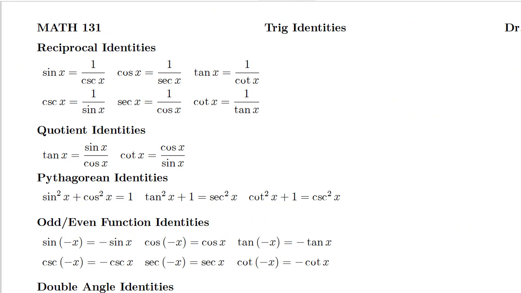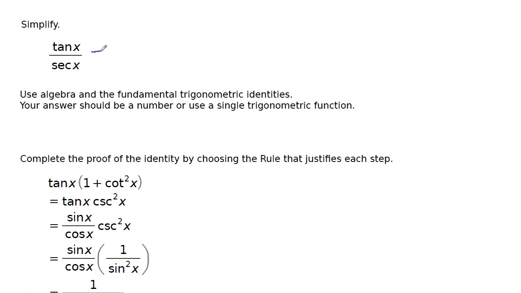And tan x is sine divided by cosine, and then secant x is 1 divided by cosine. So we can rewrite this. We'll have our main fraction on the top. We've got sine x divided by cosine x. On the bottom, secant is 1 divided by cosine x.